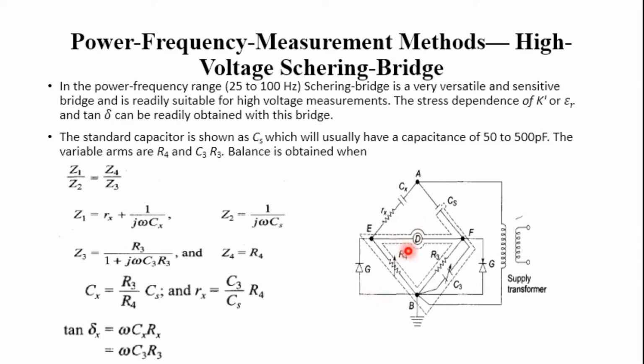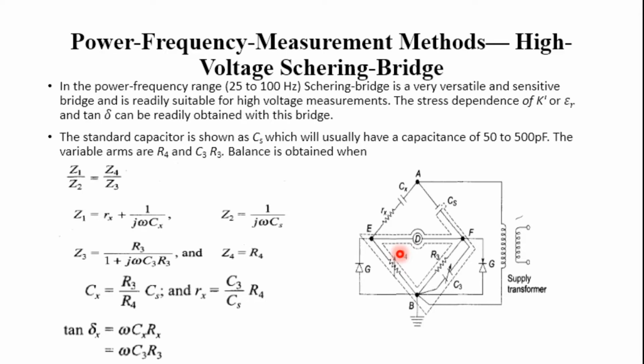Generally the detector may be a vibration galvanometer or, in modern bridges, a tuned electronic null detector of high sensitivity. The protective gaps, G, are arranged so that the low voltage arms are protected from the high voltage in case the test object fails.